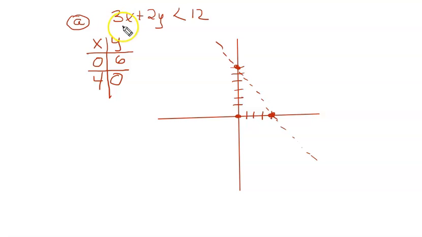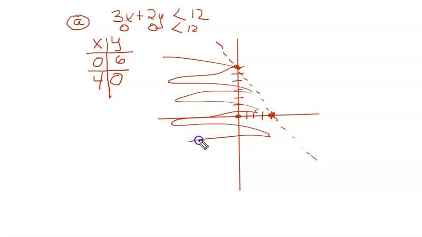So if this is 0 and this is 0, is 0 less than 12? Yes. So then this is the shaded region. And it's kind of fun when you use the software: you select the line, whether it's dotted or solid, and then you use a bucket of paint that flows and fills in this area.